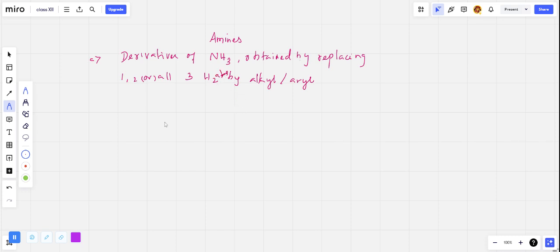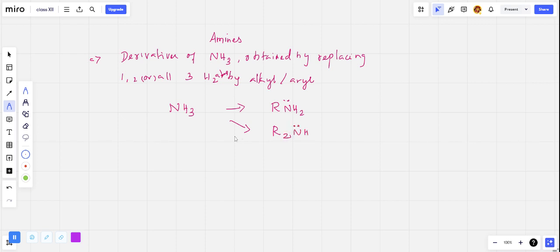For example, if you take ammonia and one of the hydrogens is replaced by an alkyl group, you will get RNH2. If two hydrogens are replaced, you will get R2NH.